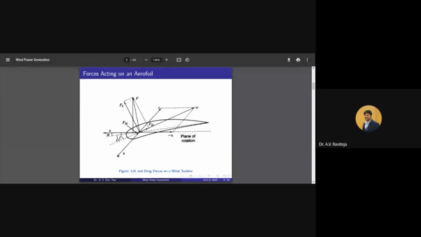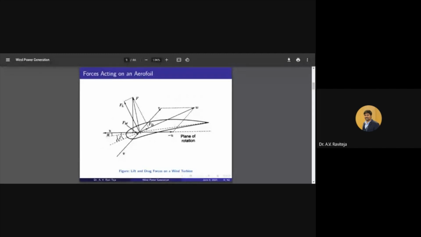If you can observe here, we assume any angle and velocity v of wind hitting the turbine blade at some cross section. Then we can see that the force acting on the turbine blade can be decomposed into two parts. One is the lift force, another is the drag force.